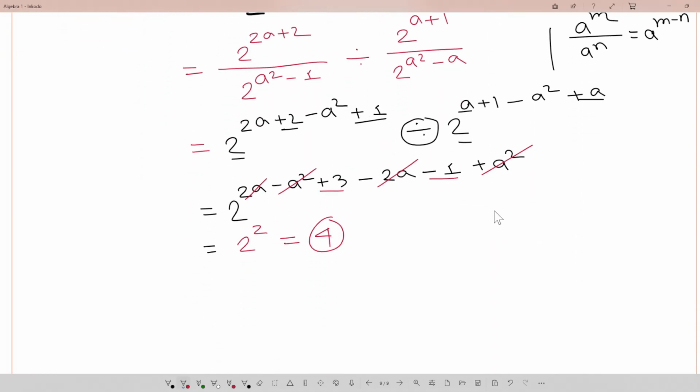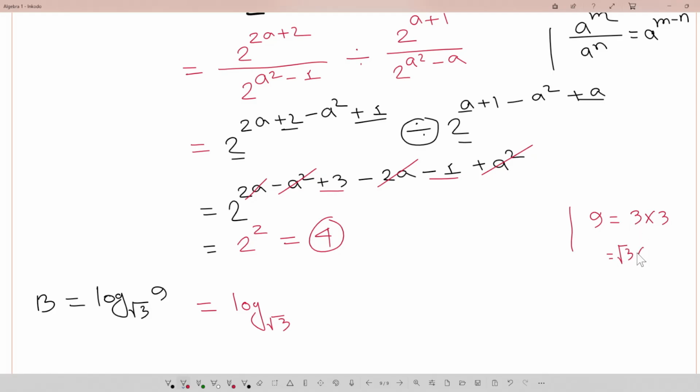So we can write b equals log base root 3 of 9. How can we make this one 4? Look, log base root 3 of 9. 9 equals 3 times 3, and 3 means root 3 times root 3, again times root 3 times root 3.